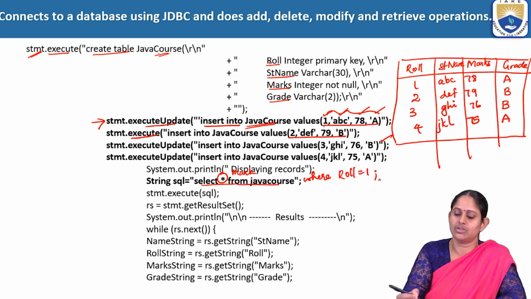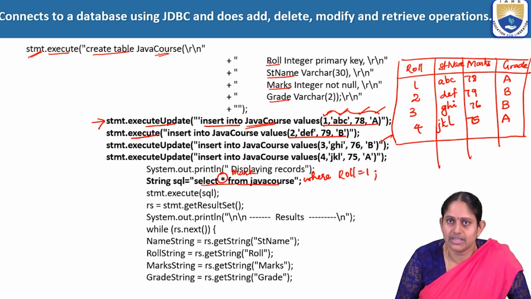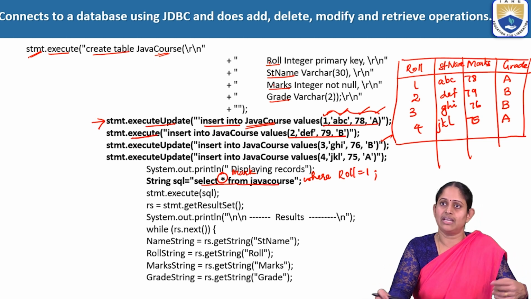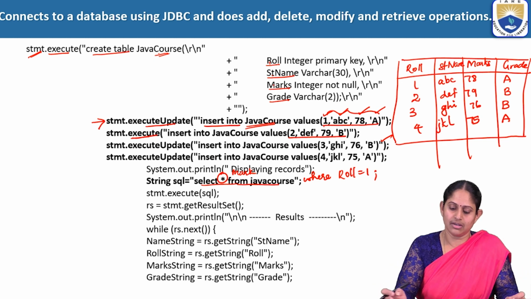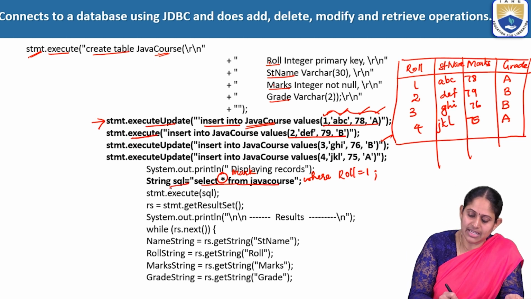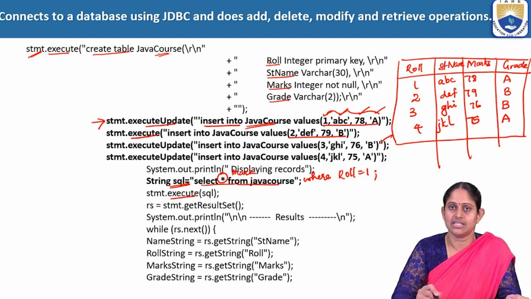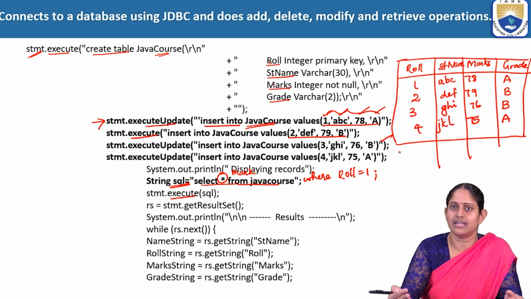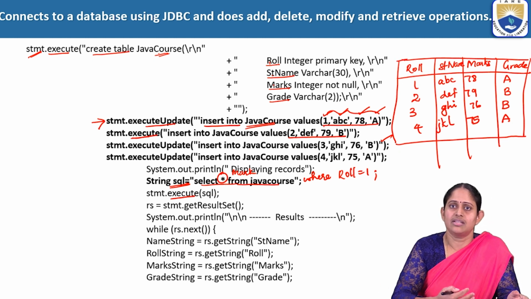So we have to include the where clause along with the select query to display only one or two attributes of that column. We create this SQL query and pass that SQL query string to the execute method. Once this statement is executed, the table will be retrieved and passed to the result set.